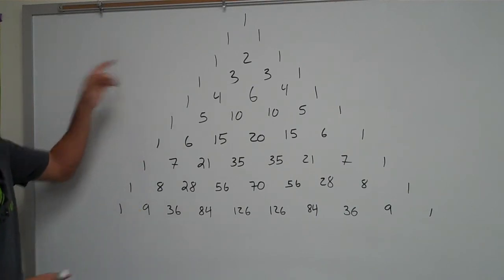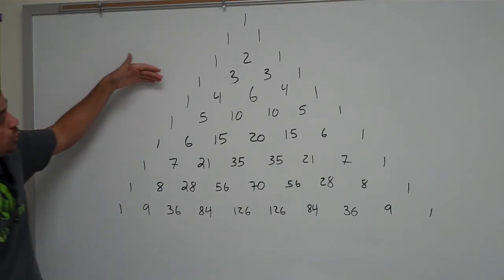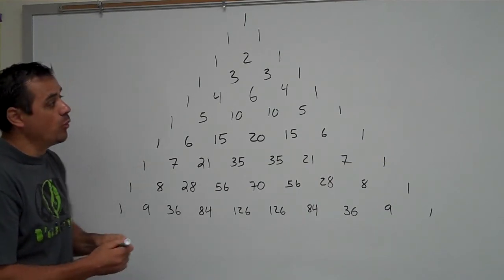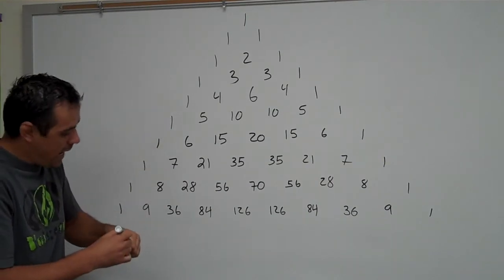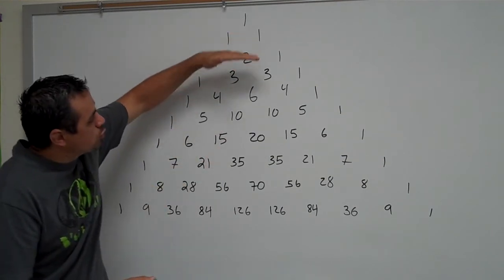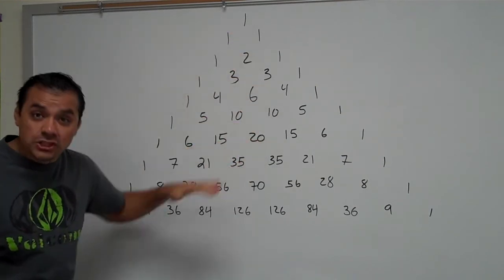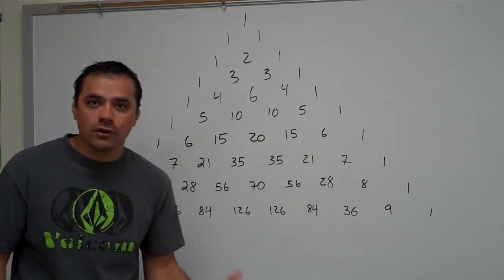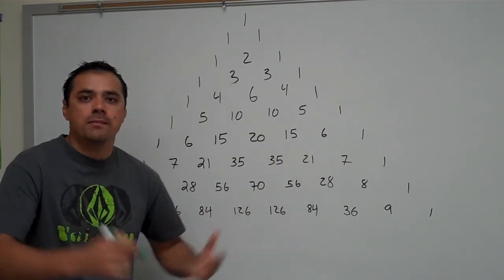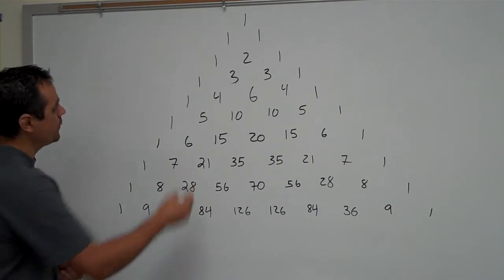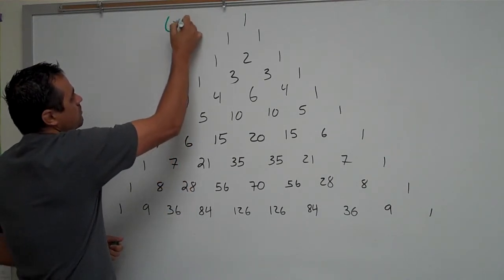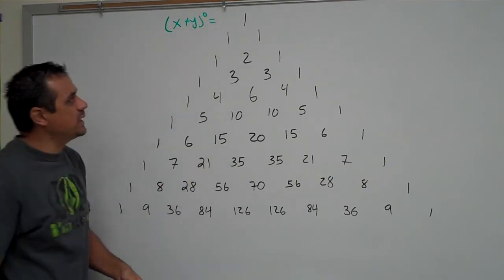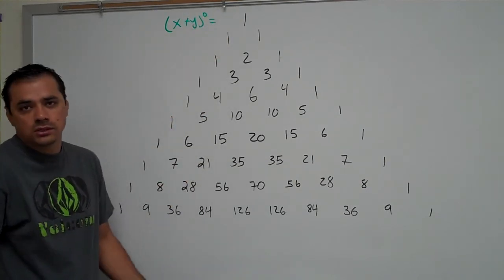All right, now let's continue, and I'm going to tell you how we're going to use this for the binomial theorem. First of all, when we do the binomial theorem, these rows of numbers are actually the coefficients of the terms of the binomials you're expanding. What I mean is this. If you're going to expand x plus y to the 0 power, isn't that simply just 1 and nothing changes, right?